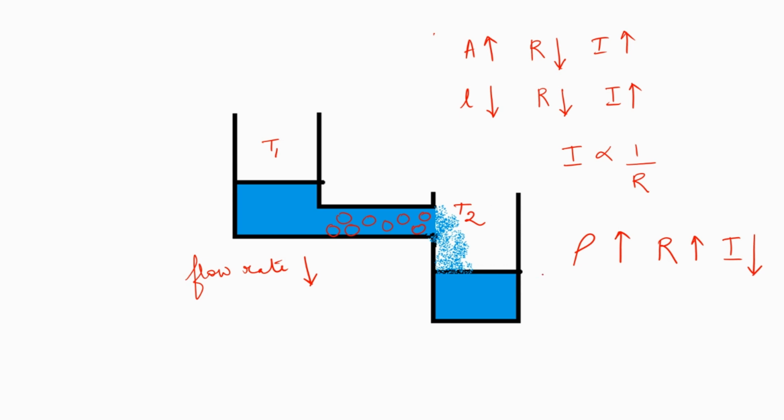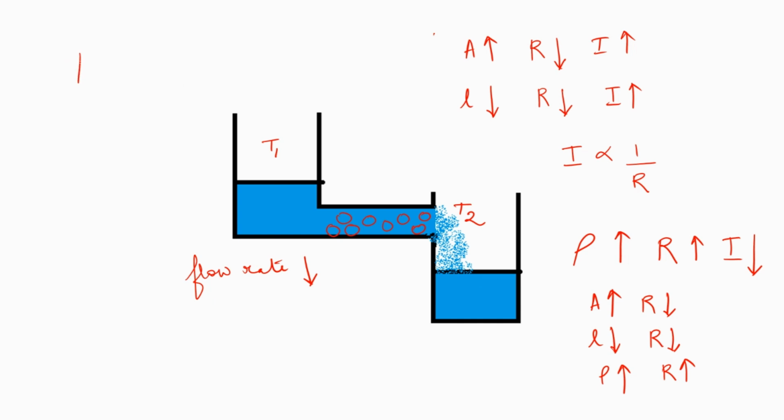So, to summarize the parameters that the resistance is related to, we see that with the increase in area, the resistance decreases. With a decrease in length, the resistance decreases. And with an increase in resistivity, the resistance increases. We can now establish the relationship between the parameters that resistance is associated with.